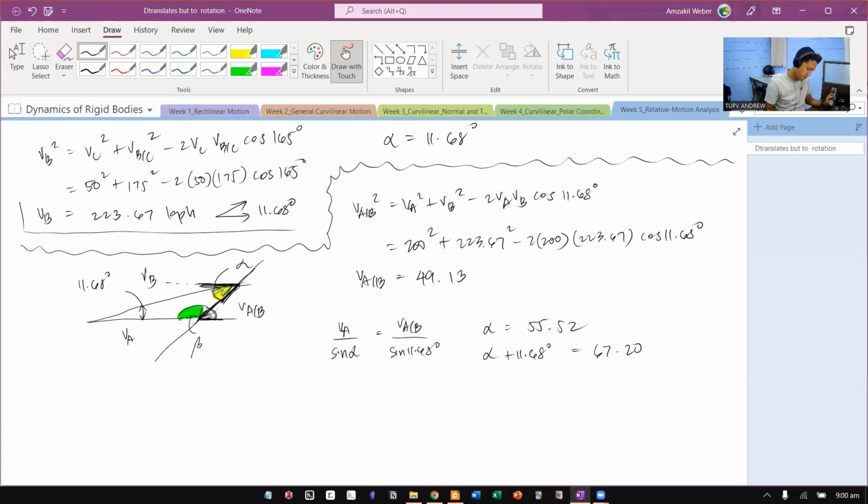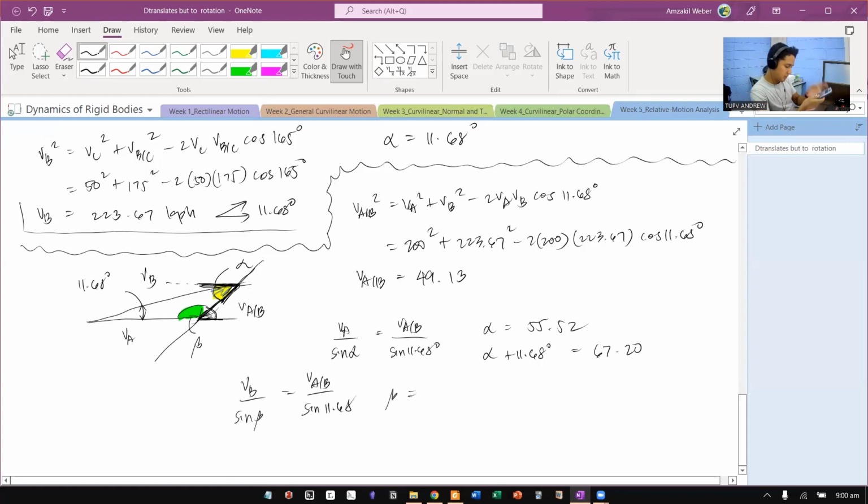Again, using VB, this time VB over sine beta equals VAB over sine 11.68. So for the calculator, VAB is 49.13 divided by sine 11.68, times VB, which is 223.67.